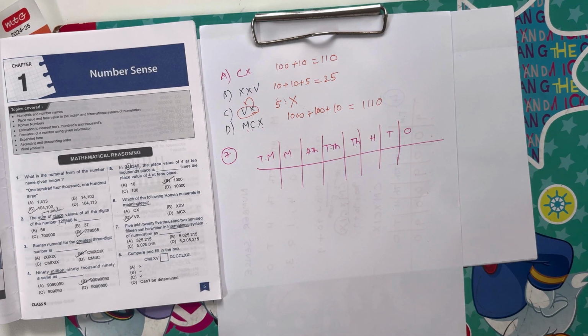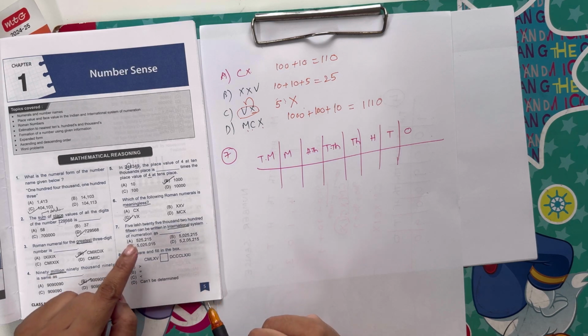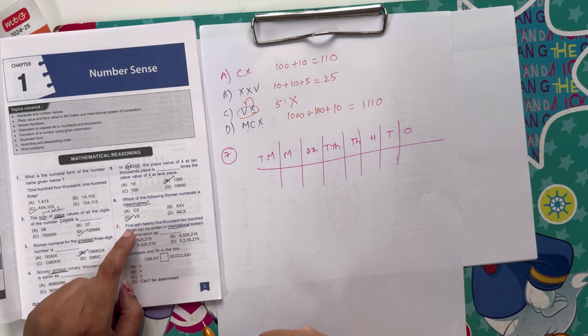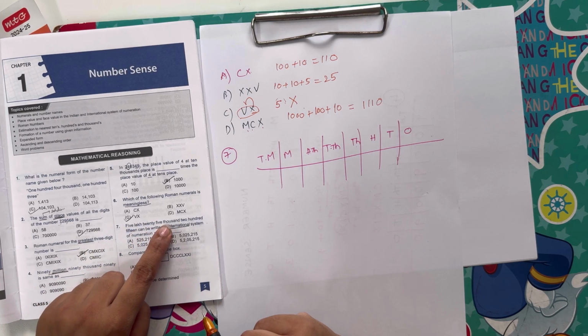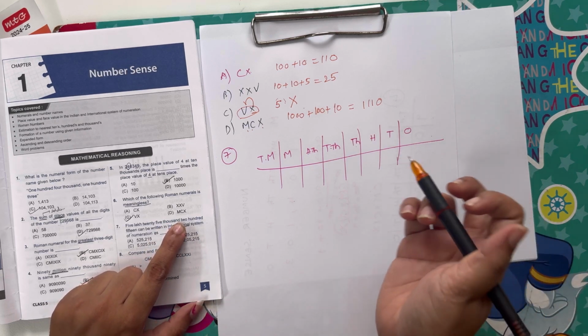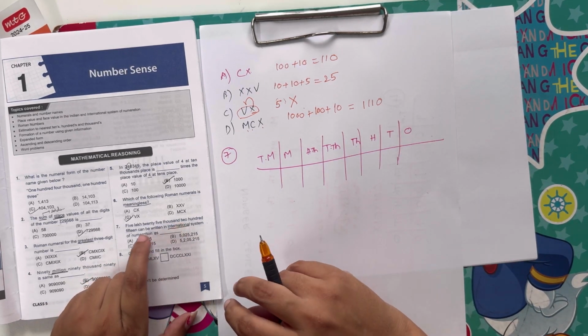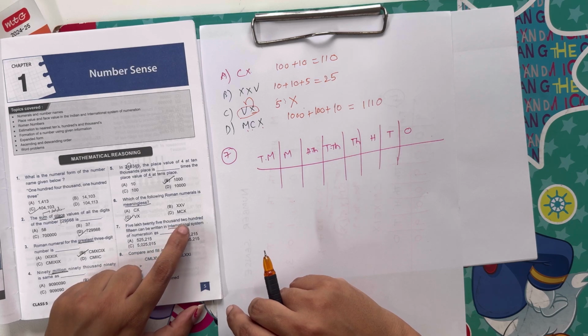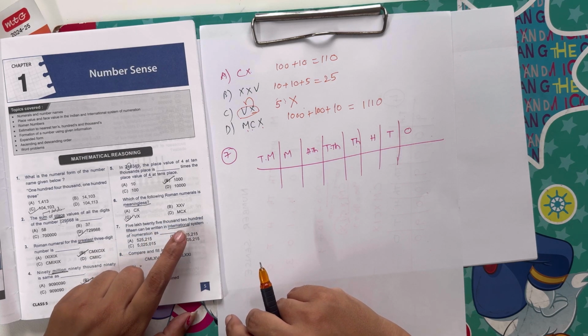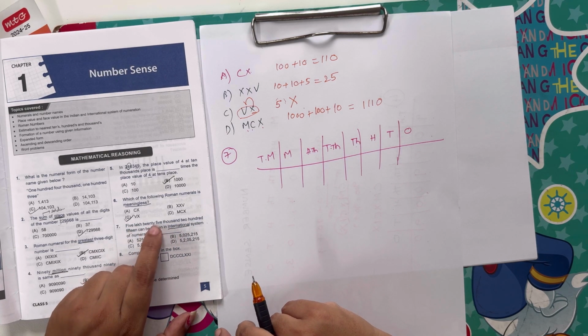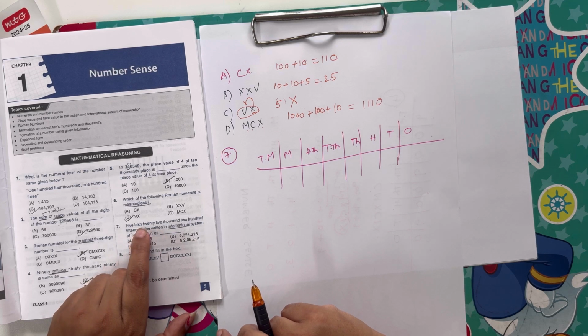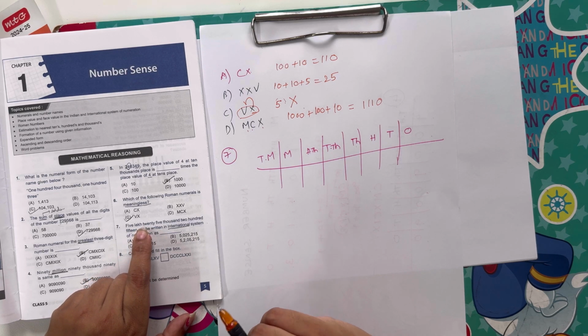Now let us see how they gave the format. 5,25,215. They gave it in Indian form. 5 lakh comes in Indian form.